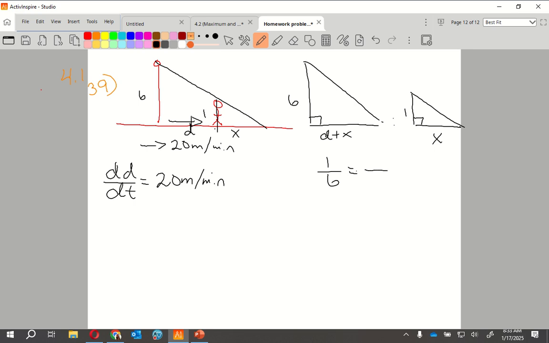The 1's on top. That's this triangle here on top. Right. So therefore, yeah, you get x. So the proportions have to be equal. So this side to this side, and then x to whatever my large triangle. So small over big is equal to small over big. That's where we get d plus x.